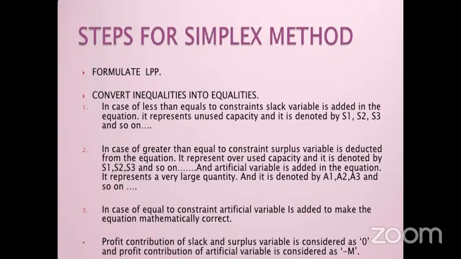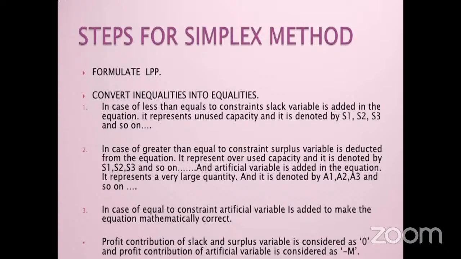Third point, in case of equal to constraints, artificial variable is added to make the equation mathematically correct. If the equation is not less than or greater than, if it is an equals to constraint, then artificial variable is added to make the equation mathematically correct.